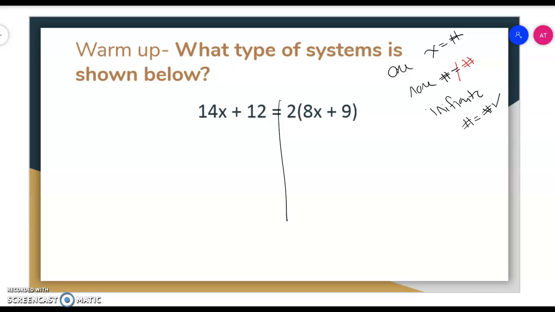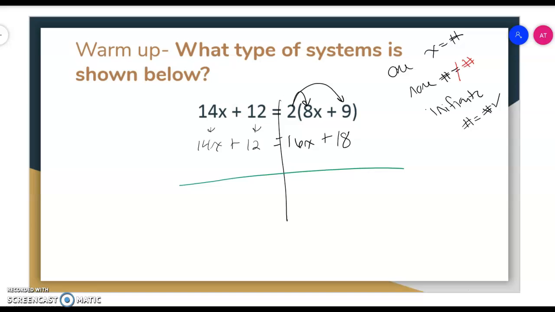What we're going to do is distribute first, like always. 8 times 2 is 16x, and 9 times 2 is 18. On the left side we didn't do anything, so all we're going to do is bring it straight down. Remember, we want to combine all the x's onto one side, so which one has the most?